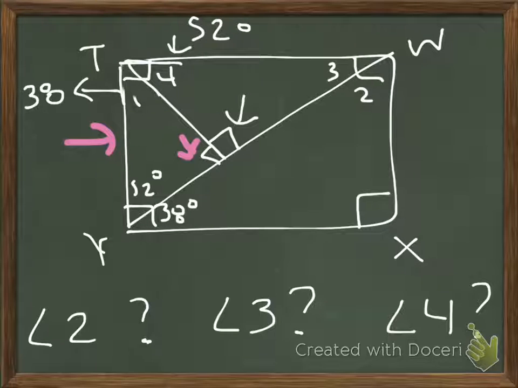So that's actually going to give us 52 plus 90 again, which makes angle 3 38. And if angle 3 is 38 and we need to make it equal to 90, angle 2 has to be 52. So you can kind of go around in a circle, square in this point, to come up with your angle measures. And that concludes lesson 4.2 for geometry.